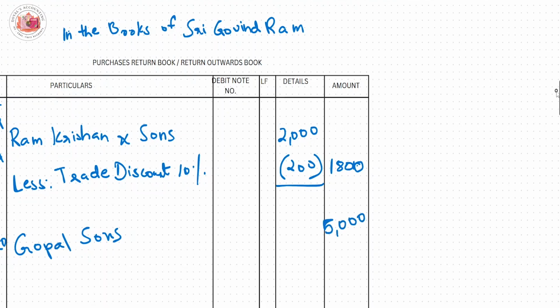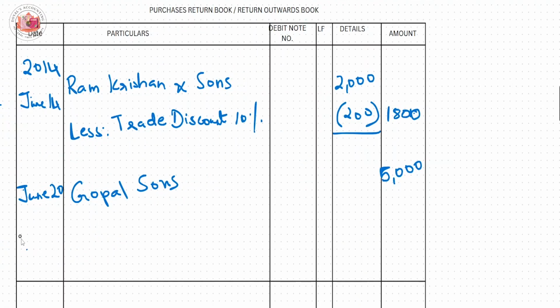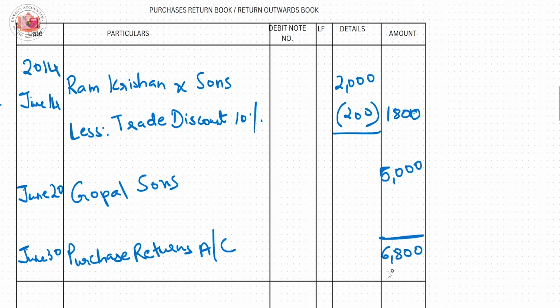Now we'll total this up. We'll write June 30, purchase returns account, the total 1800 plus 5000 will be 6800. So this is how we create our purchase returns book.